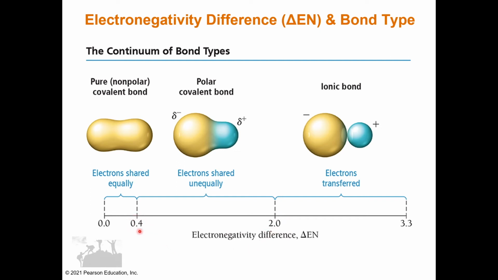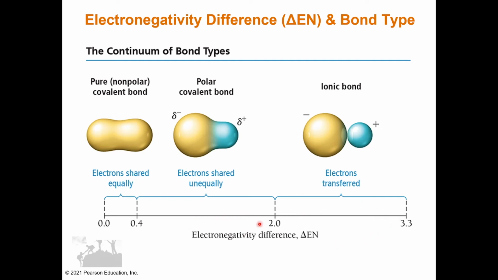Anything less than 0.4, I know the bond is a nonpolar covalent bond. Generally speaking, the electrons are going to be shared equally. If the electronegativity difference is larger than 2.0, then I know I'm looking at an ionic bond.